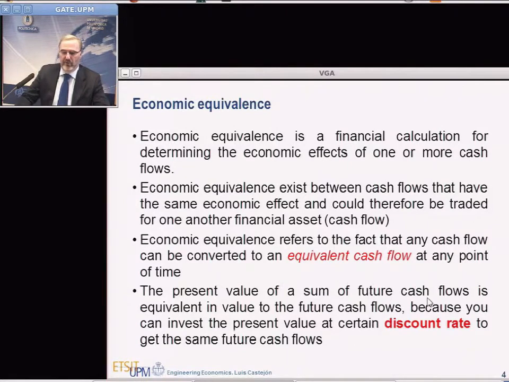The present value of a sum of future cash flows is equivalent in value for different future cash flows because, and this is the most important thing, of the discount rate, the interest rate that makes two different cash flows equal in the present time. So the main target of our problem is to know the discount rate, the interest rate that makes two different cash flows equal.